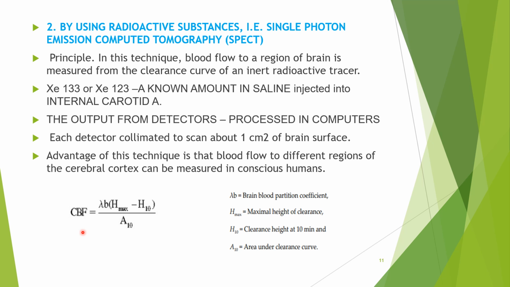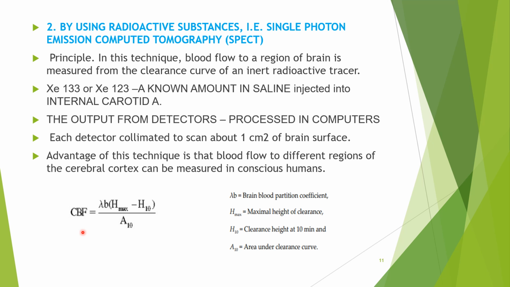H max is the maximal height of clearance. H10 is the clearance height at 10 minutes. And A10 is the area under the clearance curve. So we will get this cerebral blood flow in ml per gram per minute.